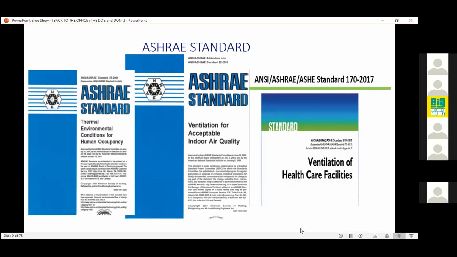So kalau you tengok dekat residence ada dia punya guidance sendiri. Okay, dekat residential punya area, high rise pun ada dia punya sendiri. Healthcare pun ada dia punya sendiri. Public places pun ada dia punya guideline sendiri.